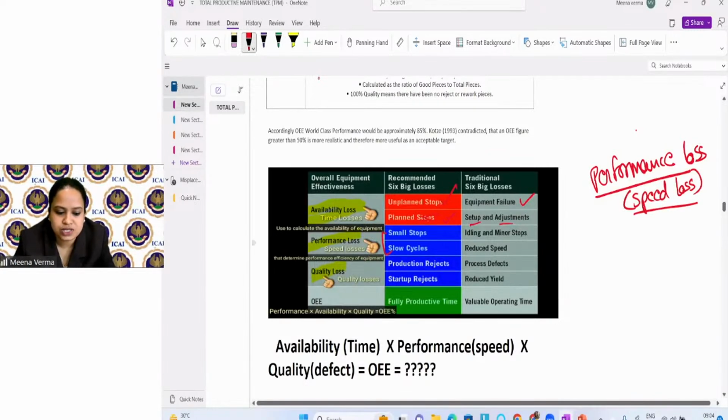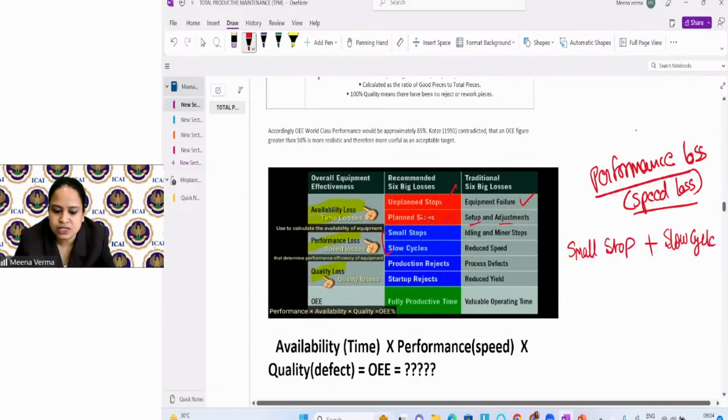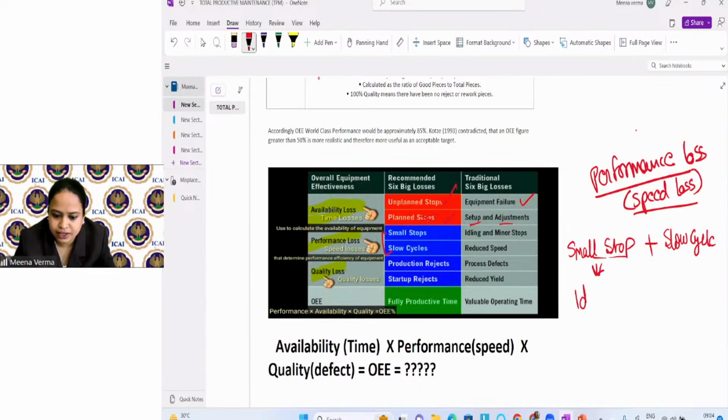Okay. So what is it? Small stop, and second is slow cycles. Now, small stop means what? Idling or minor stop.